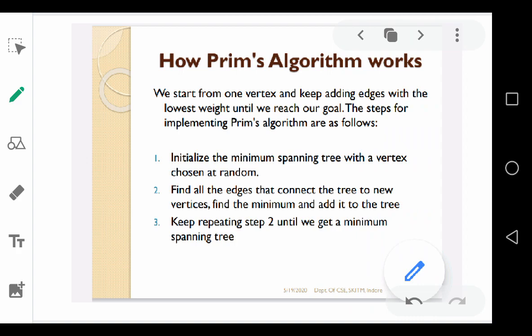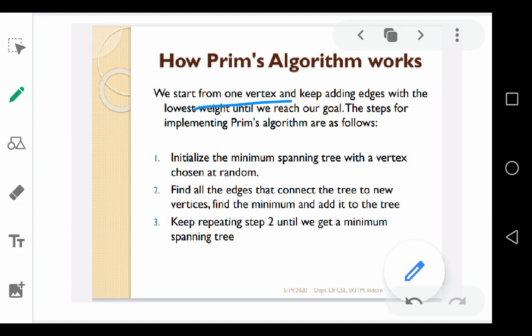Here in Prim's algorithm, first we are starting from one vertex of the graph, and then we are selecting an edge with the minimum weight.